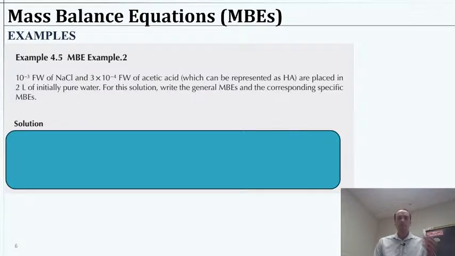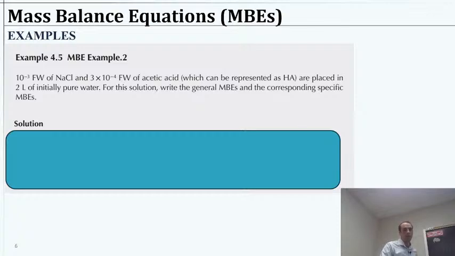Okay, another one. Let's take something a little more complex and say we have 10 to the minus third formula weight of NaCl and 3 times 10 to the minus fourth formula weight of acetic acid, which can be represented as HA. They're placed in 2 liters of initially pure water. For this solution, write the general mass balances and the corresponding specific ones.